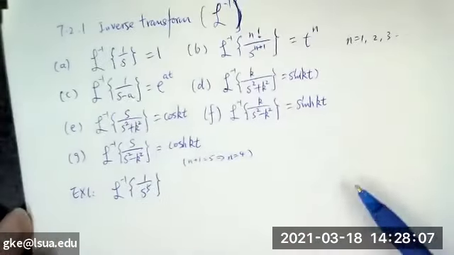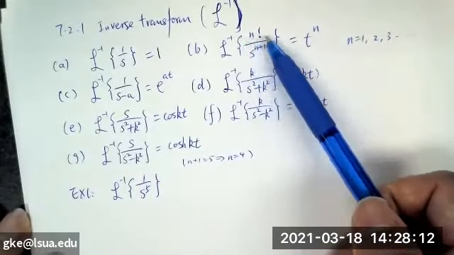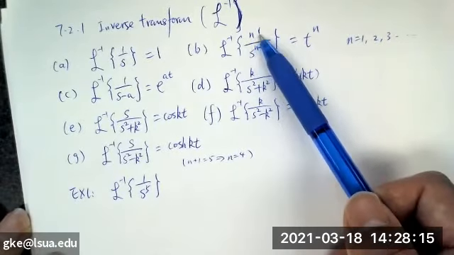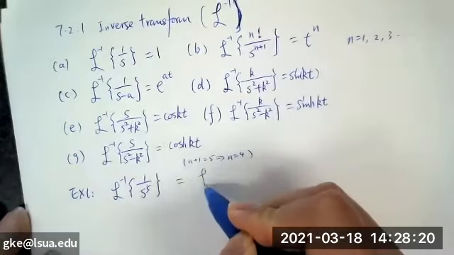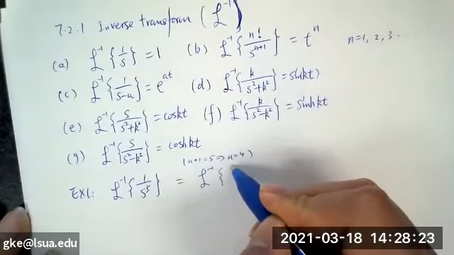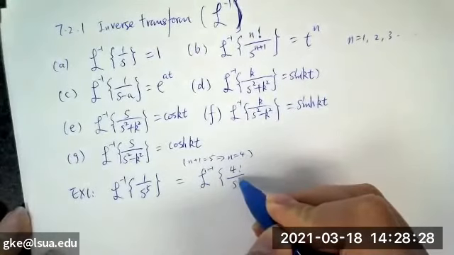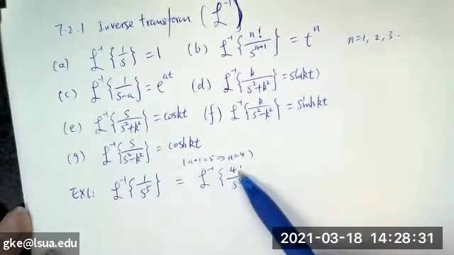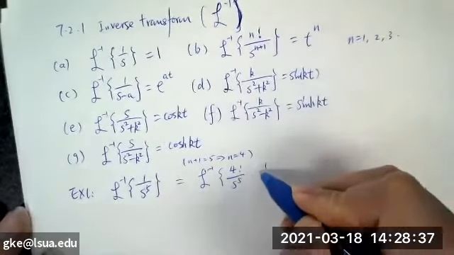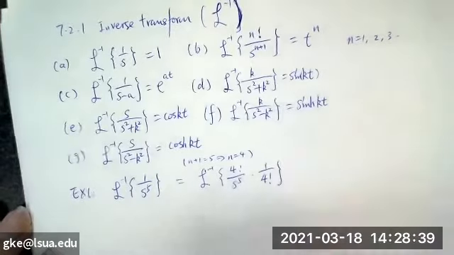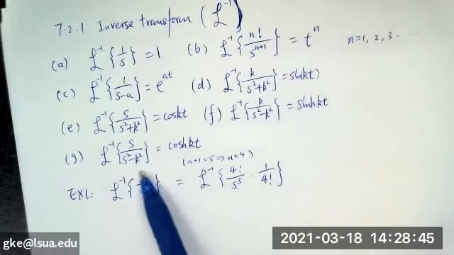Okay, so we need to compare this formula. In the numerator, it's supposed to be n factorial, right? So we can write it down like that. n is 4, okay? s to the power 5. Since we put 4 factorial in the numerator, we're going to divide by 4 factorial. Otherwise, it couldn't equal the original one, right?